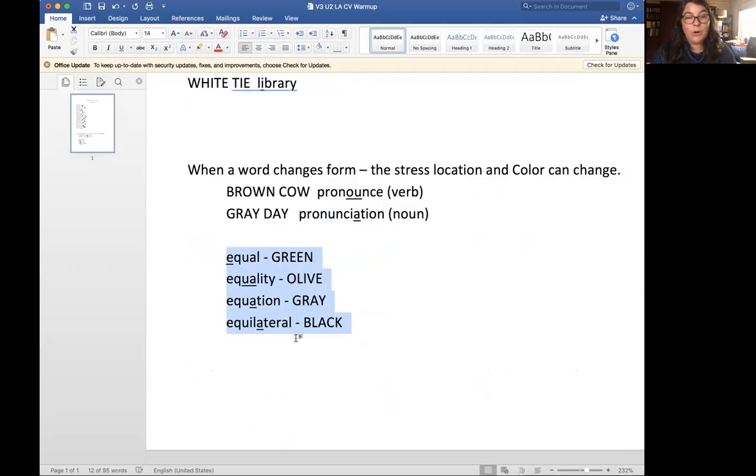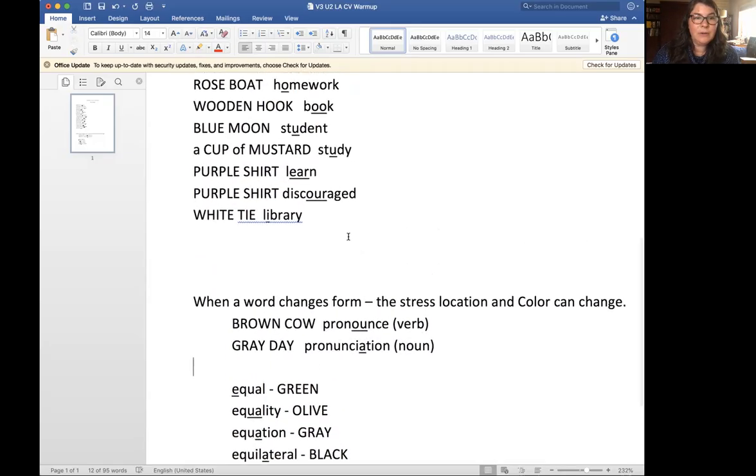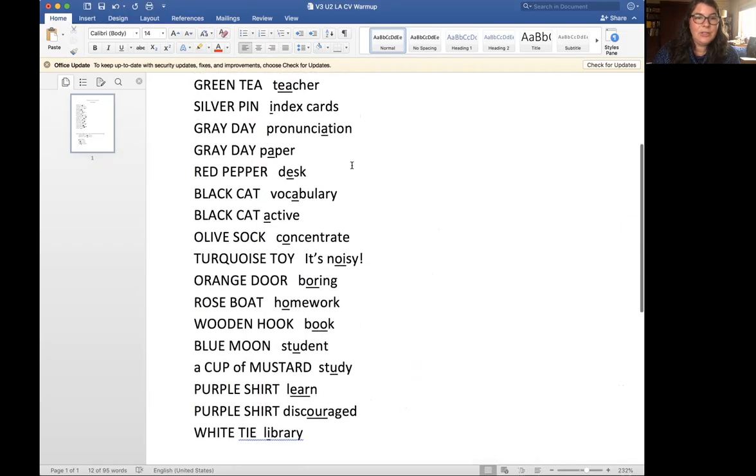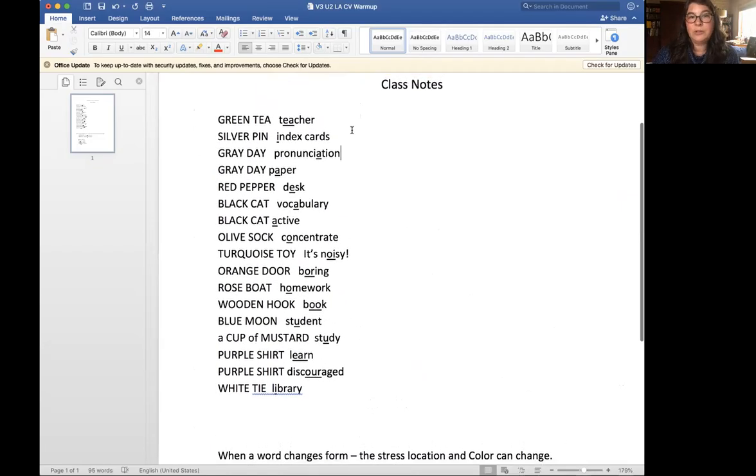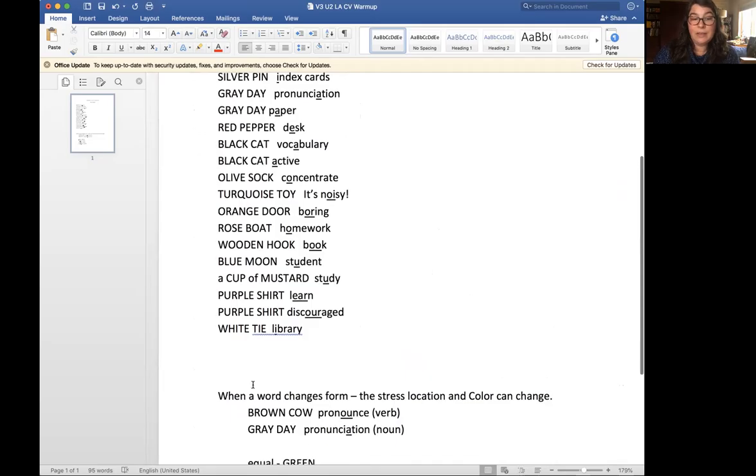So those 4 words are all related, different stress location, different color. Equal, equality, equation, equilateral. I'm showing you that because of these words here. Pronunciation and pronounce, okay? Again, color vowel really helps you be understood, okay? As long as you understand that. When a word changes form, sometimes it changes color, okay? All right, let's go back.